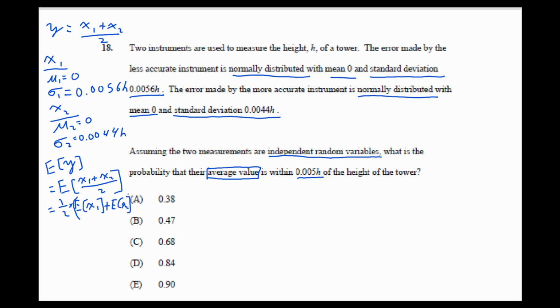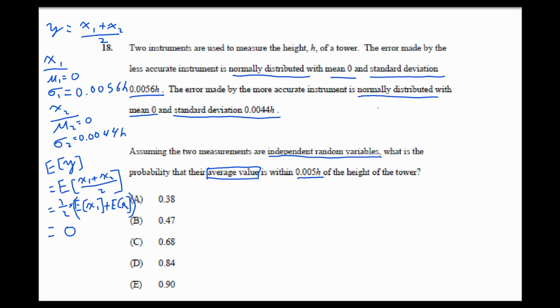Sorry about that, I'm running out of room here. That is going to equal 0, right? Because mu1 and mu2 are both 0. So the average value of 0 plus 0 is going to be 0.